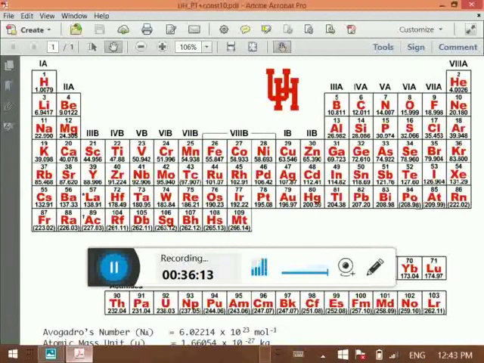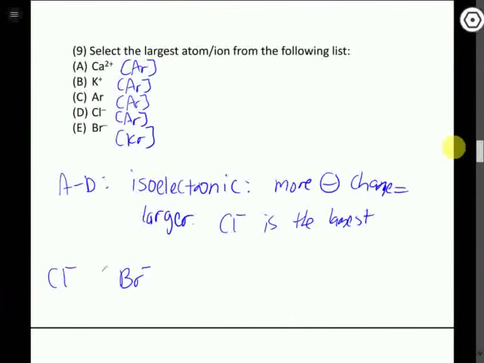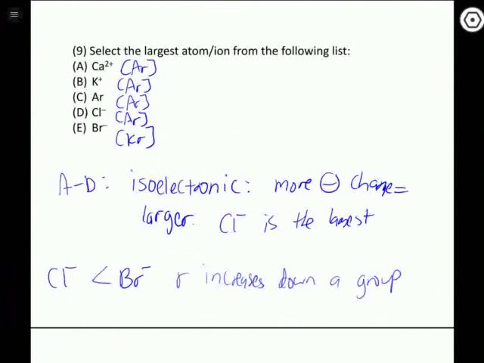So as you move down the periodic table, it's unambiguous that you're going to be increasing the size. So that means bromide is larger than chloride because the radius increases down a group. And so that means our largest one overall is going to be choice E, which is bromide.